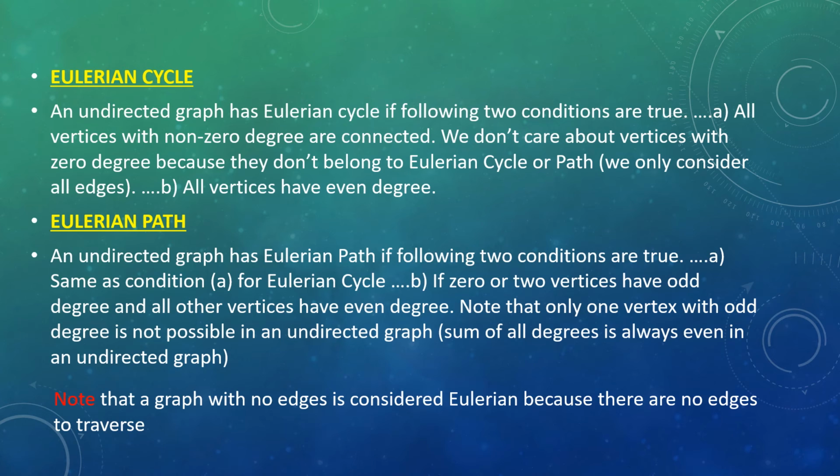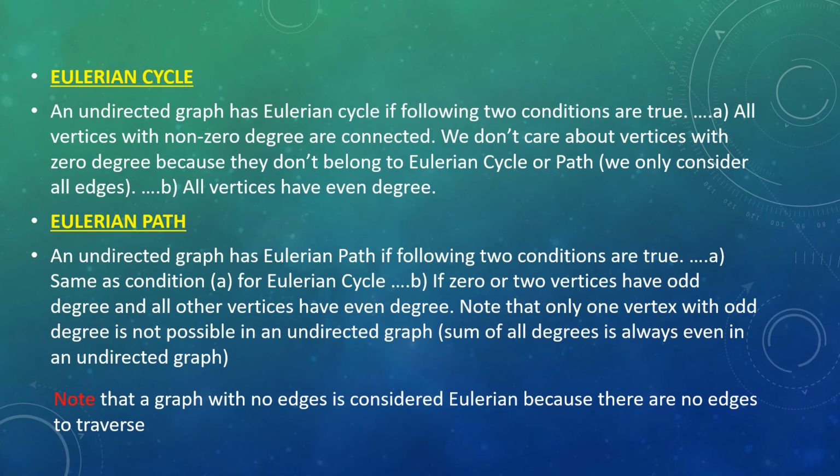Eulerian path. An undirected graph has an Eulerian path if the following two conditions are true. Condition A is the same as condition A for the Eulerian cycle, and condition B is that zero or two vertices have odd degree and all other vertices have even degree.